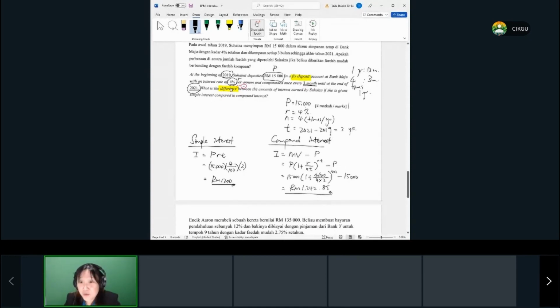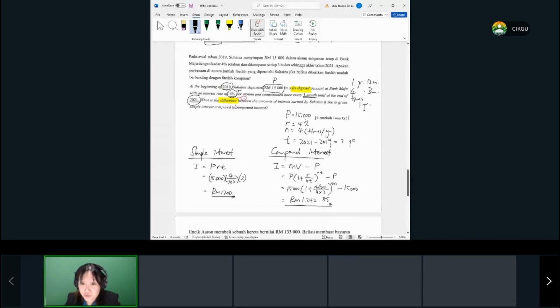But don't forget, we still have to answer the question. They want a difference, so difference means you need to minus also, obviously. If I'm Suhaimi, I must persuade the bank to do compound, but the bank really does compound. Bank doesn't do simple interest.